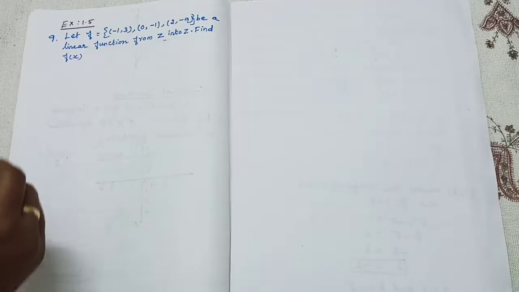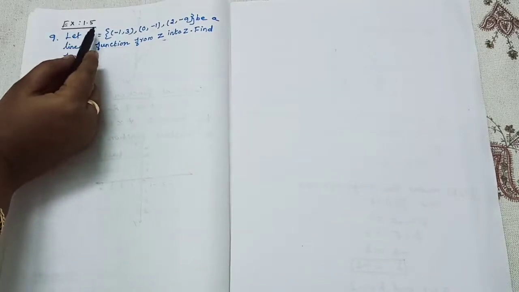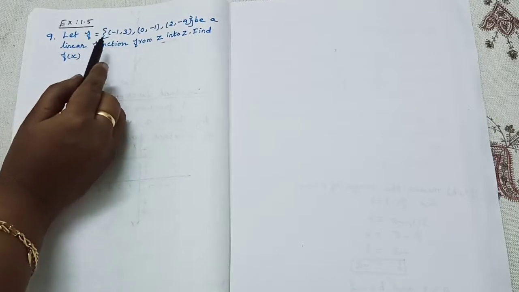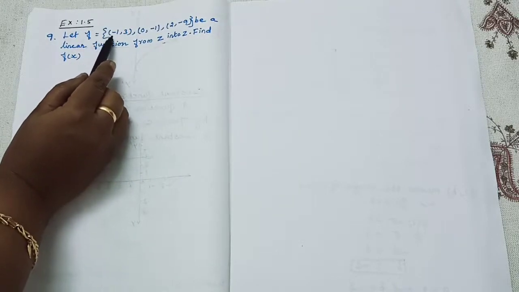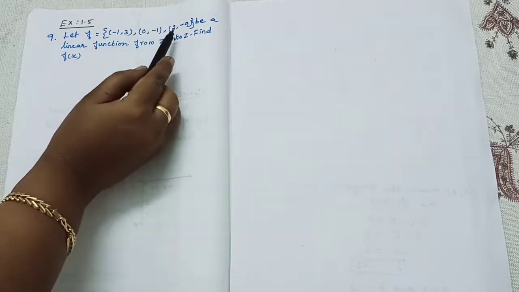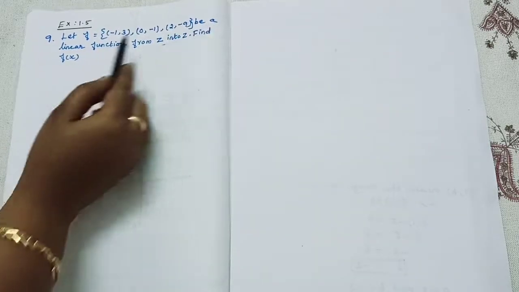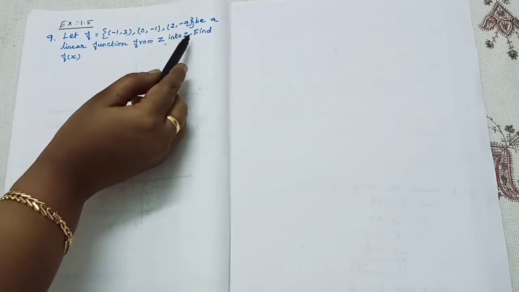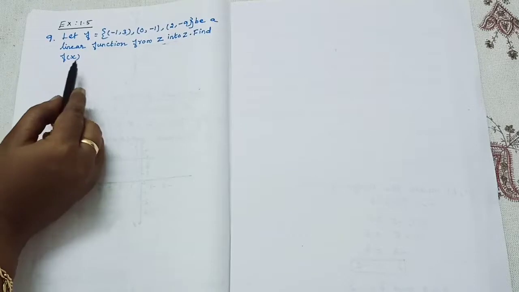Now let's see exercise 1.5. Let f equal to the set of (minus 1, 3), (0, minus 1), (2, minus 9) be a linear function from Z to Z. Find f of x.